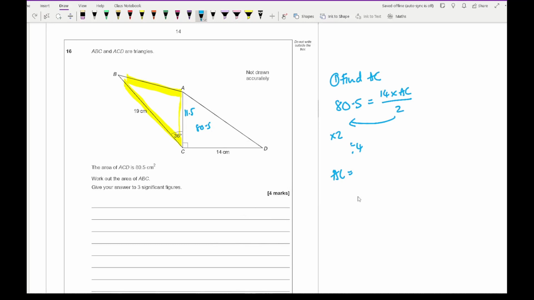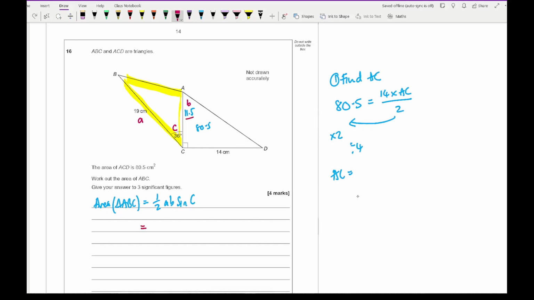Now to work out the area of the triangle ABC, I don't know the perpendicular height of that triangle, so I need to use the formula, a half AB sine C. Labeling this, I've got that 36 is going to be C, 19 is going to be A, and B is going to be 11.5.